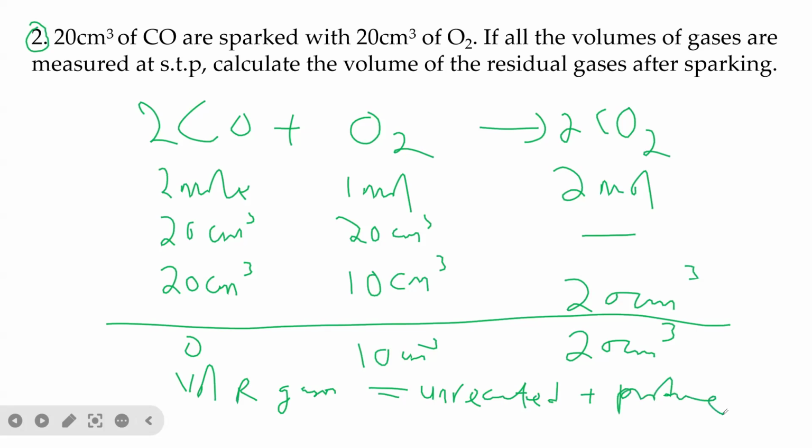Therefore, the volume of the unreacted gas here is 10, and the volume of the product is 20. So 10 plus 20 is going to give us 30 centimeter cube.